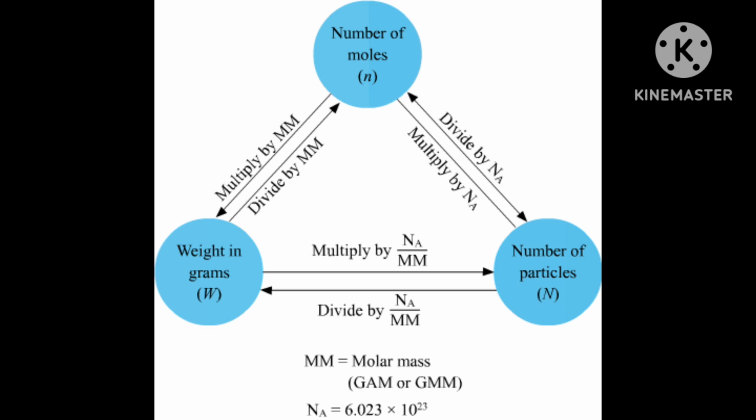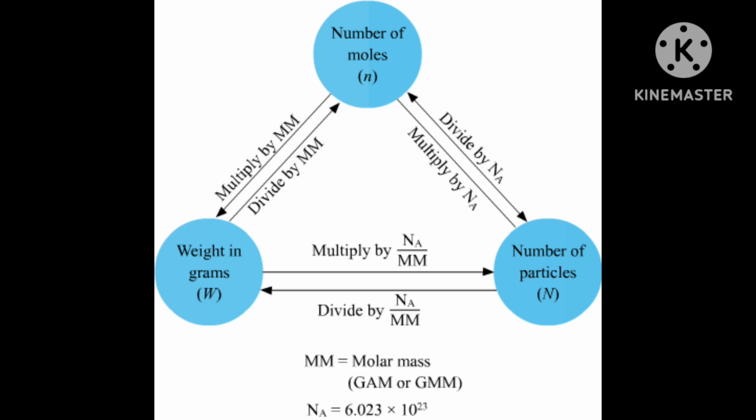Means 1 gram mole. It is similar to atomic masses. Here you can tell gram molecular mass. 1 mole is equal to gram molecular mass or 1 gram molecule, and that is equal to 6.02 into 10 to the power 23 molecules.